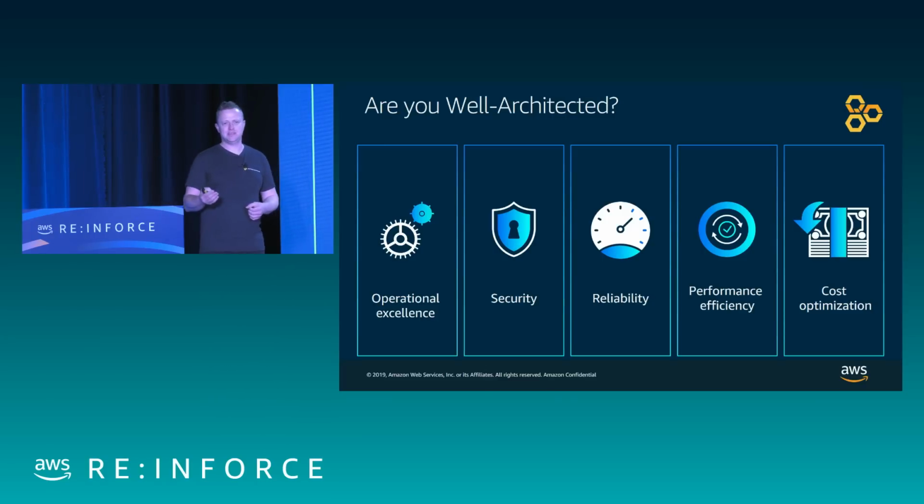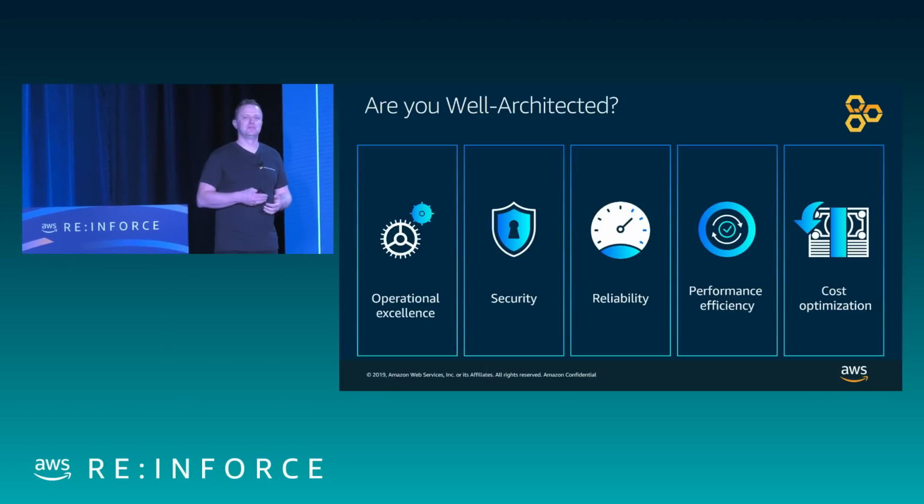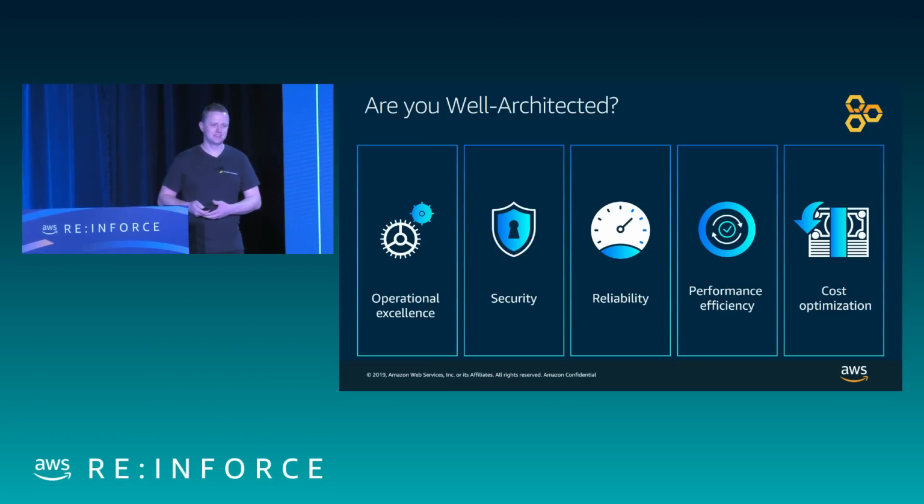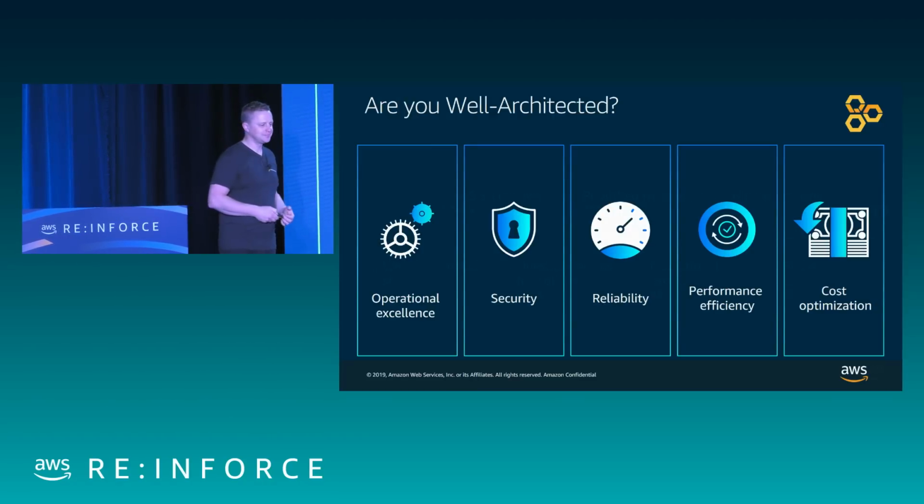So it might be your ERP system is a workload which comprises many different applications and suites. Then we move on to the most important pillar, which is security. We move through reliability, performance efficiency, and finally cost optimization. So these are the 5 pillars that make up the well-architected framework.